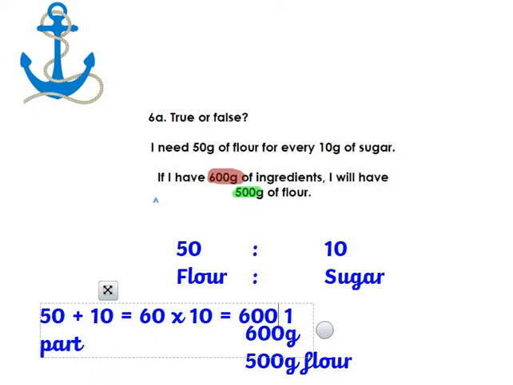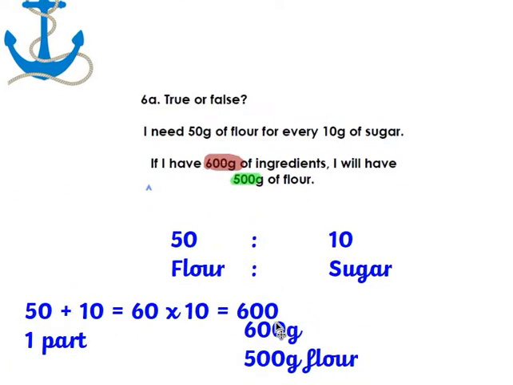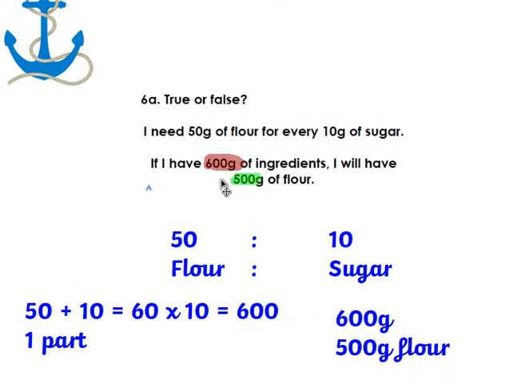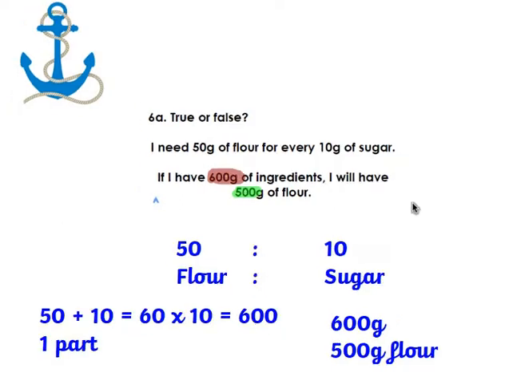So 600 grams is the total of our ingredients. And then here, if I was just to times these by 10 and 10, I would have 500 grams of flour to 100 grams of sugar. So it is correct. It is true.